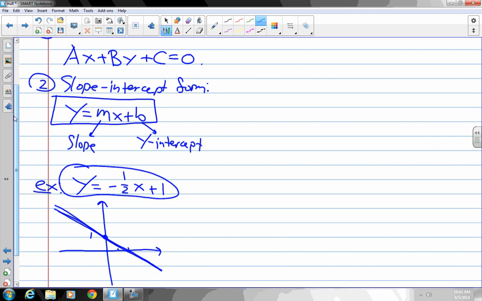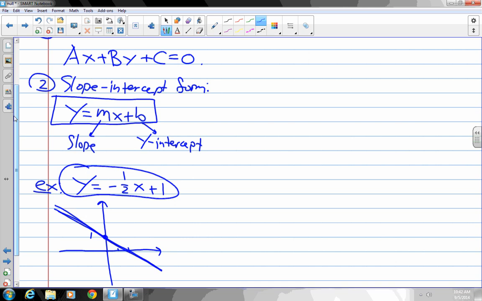Now you know a point on the line. So what that means, you know one of the solutions to that equation, right? If a point is on the line, it solves that equation. So that means I can take this point and plug it in for x and y. It will still keep the equation balanced, so I can find b, right? And when I find b, I have my equation.